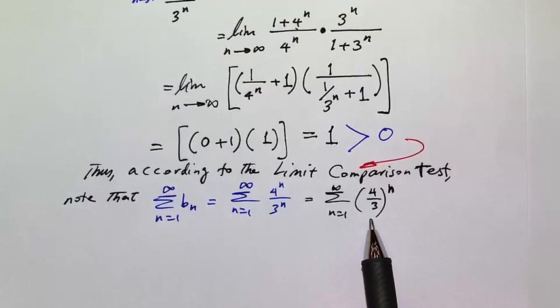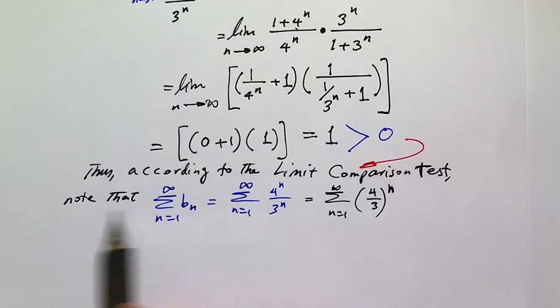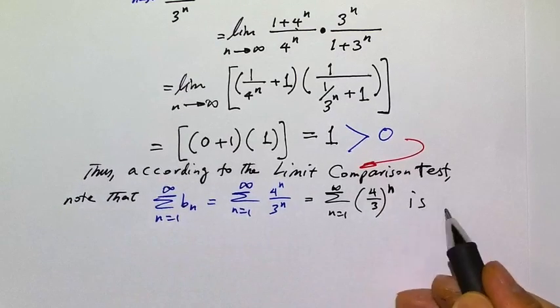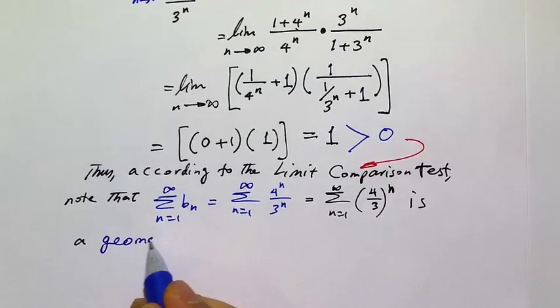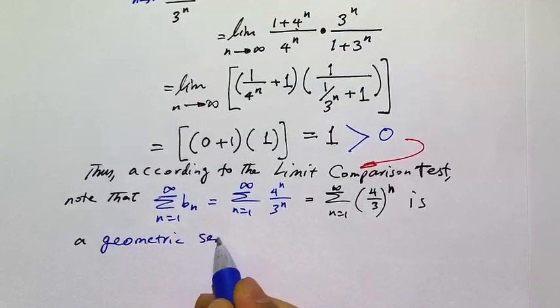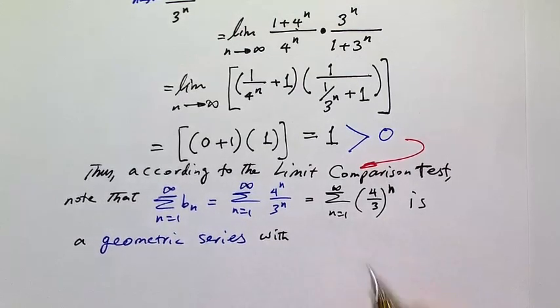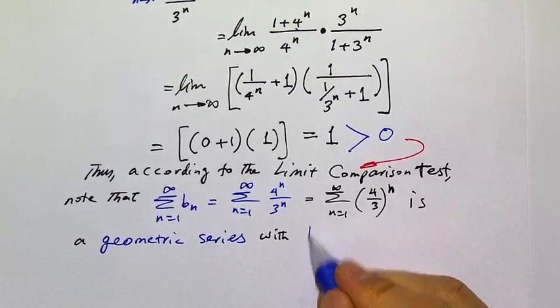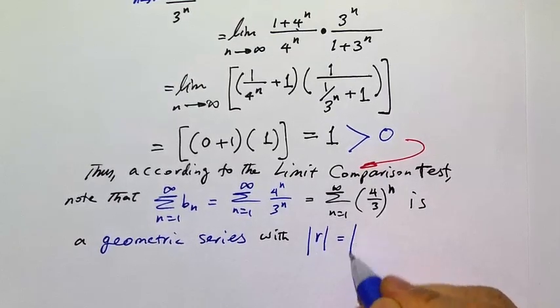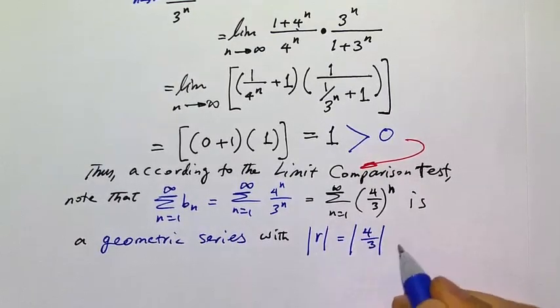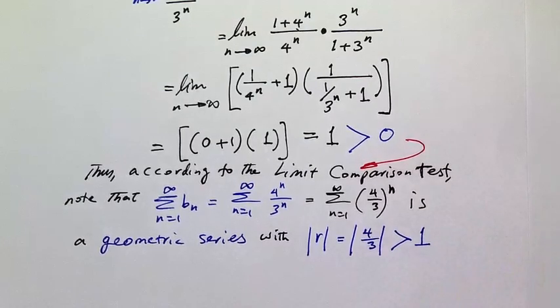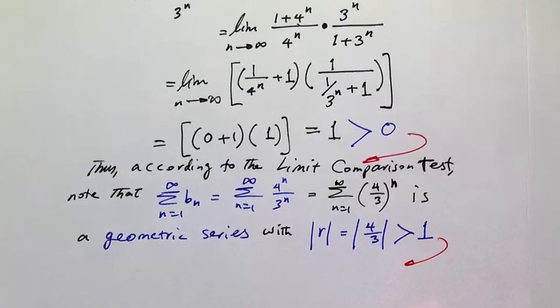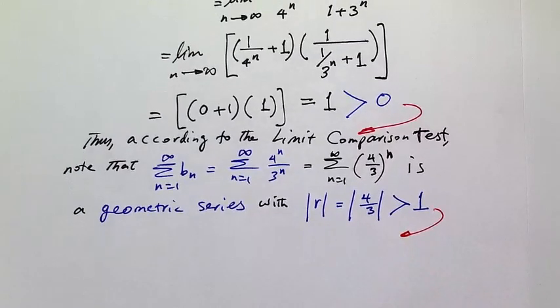So this is just a geometric series with absolute value of r equals absolute value of 4/3, which is greater than 1. And when this happens, the geometric series is divergent.